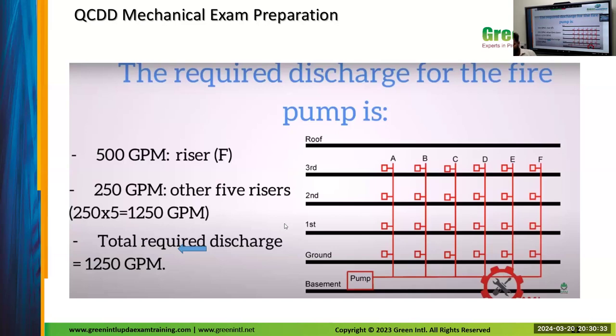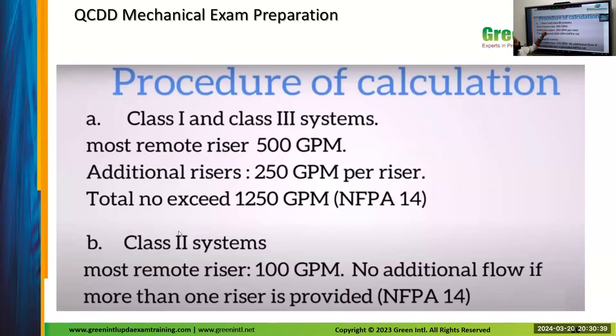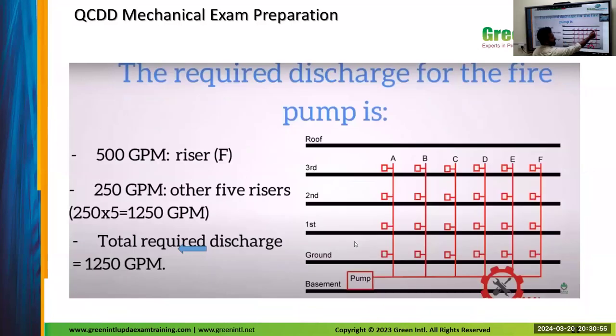1250 GPM is the maximum for one riser system. For the first riser, 500, and additional risers are 250 GPM each. Means this is 500, and this is 250, 250, 250, 250.